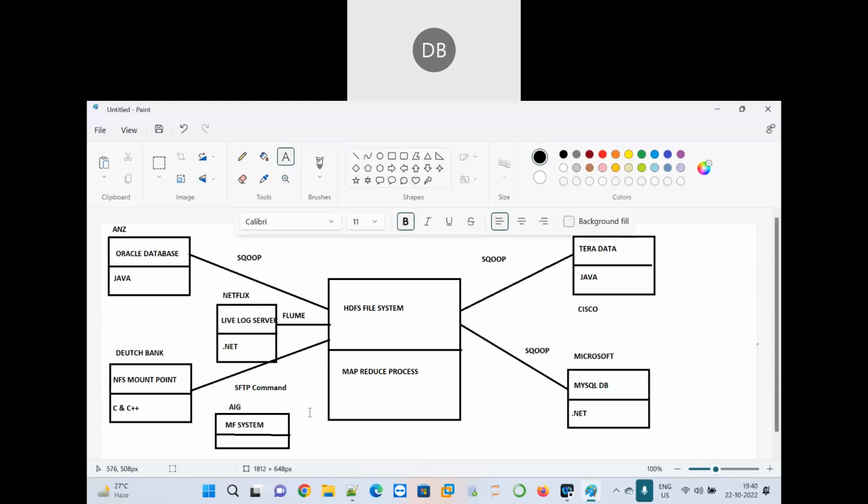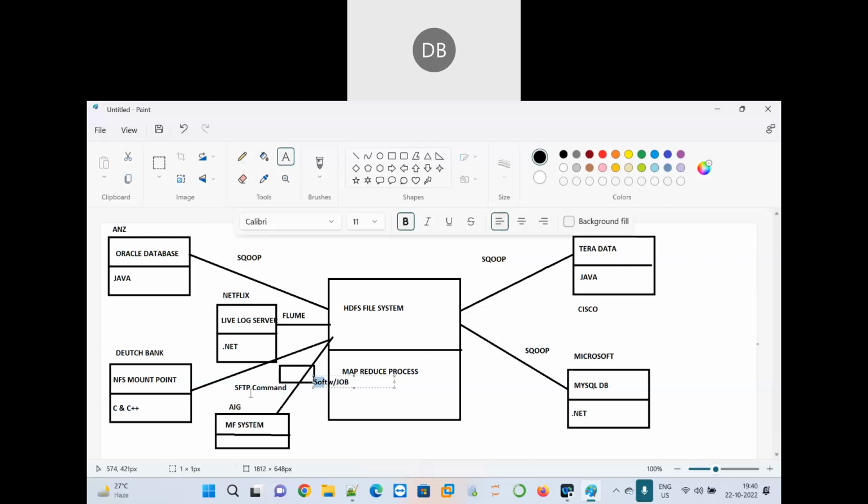And how are we going to get that data? Because it is a mainframe file, right? We need some third party software or might use some kind of job.